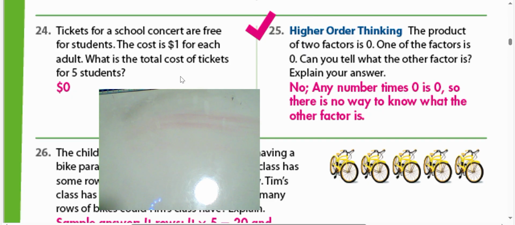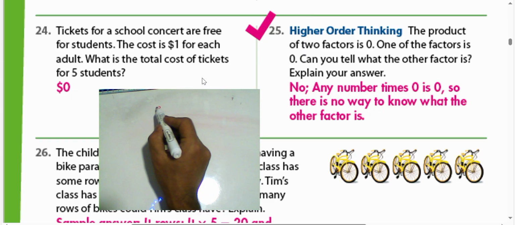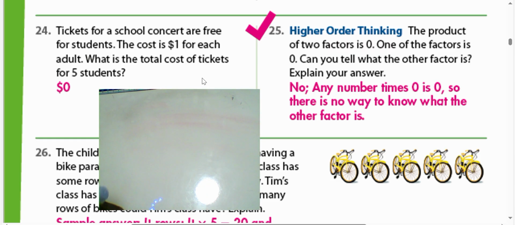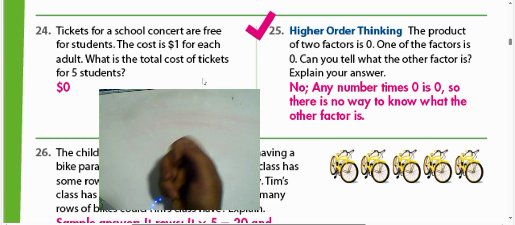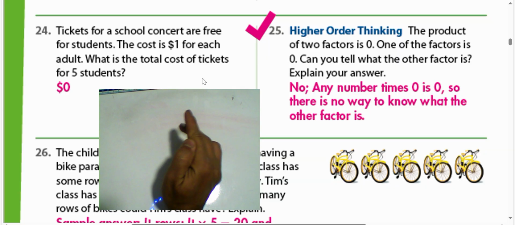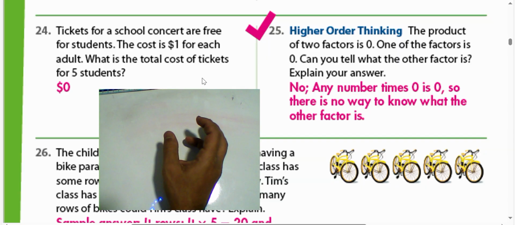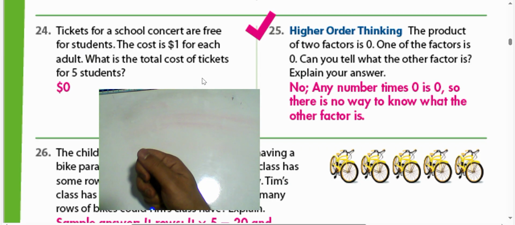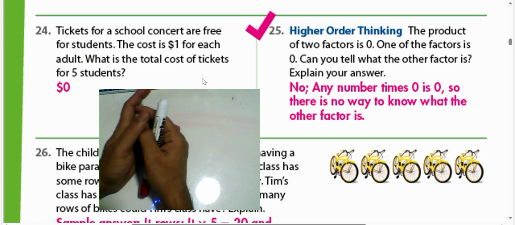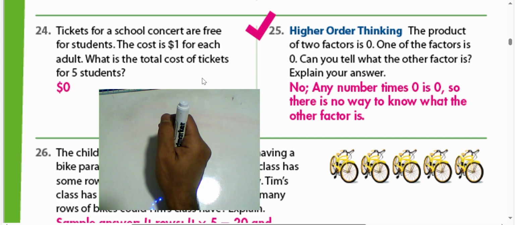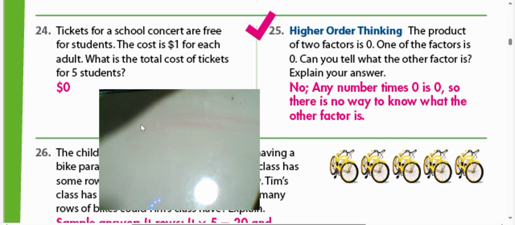Okay, free for students. So 5 times 0 equals $0, because it was free. Understood? It will be free. Then the total will be 0. Okay? Pay attention. He asked about the total cost of tickets for 5 students. 5 times 0 equals 0.